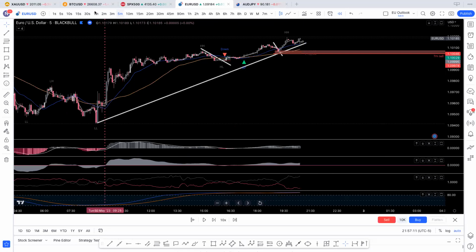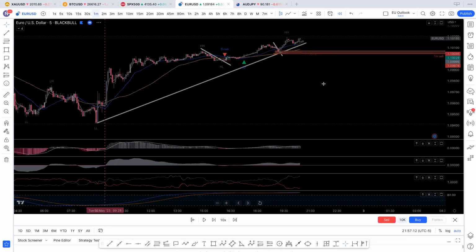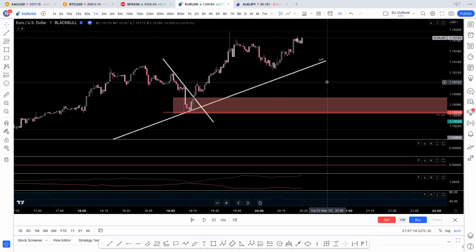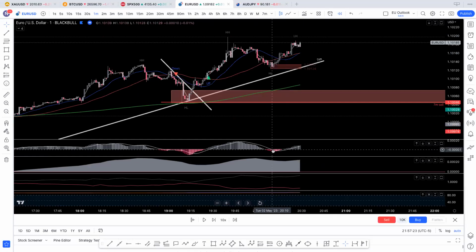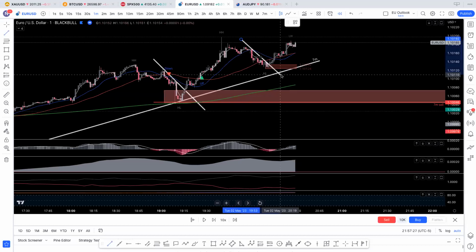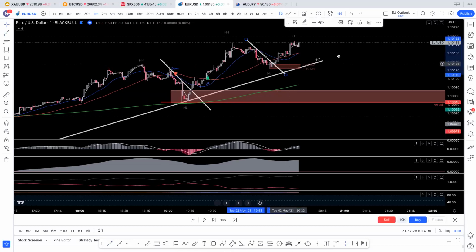Okay. Drop back down to the 1. I've got this area right here that shows a pullback right here. So this would be another entry.